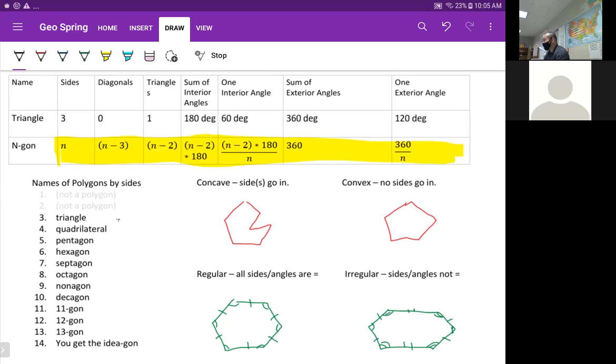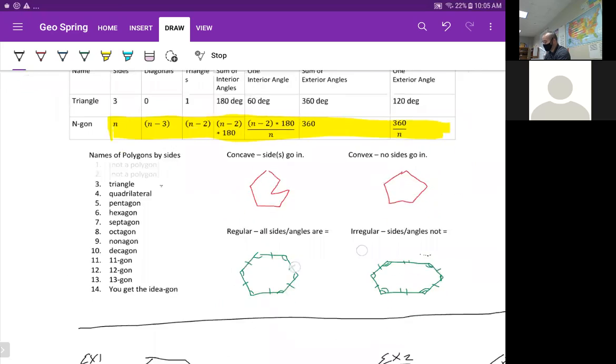A stop sign is a regular polygon. I know this is a hexagon, but if you stretch out a stop sign like this one on the bottom right, it would not have the same side lengths or angles. That's the only difference.